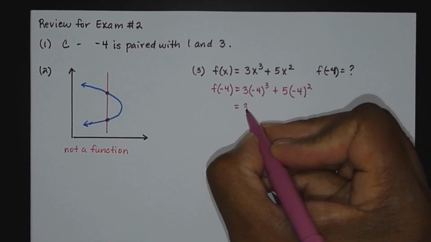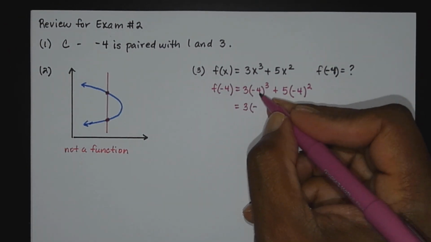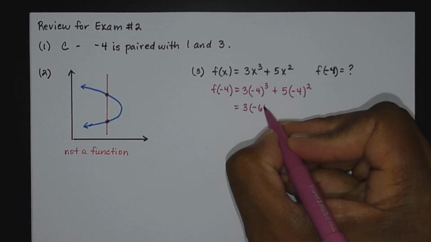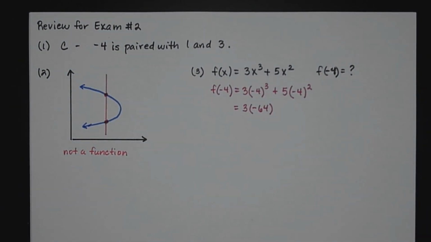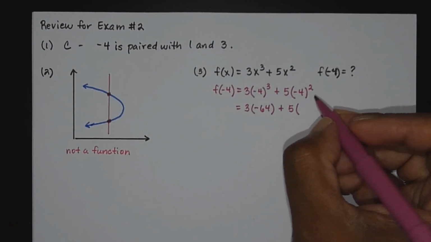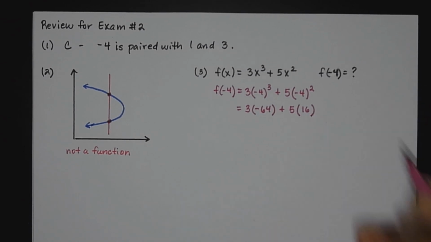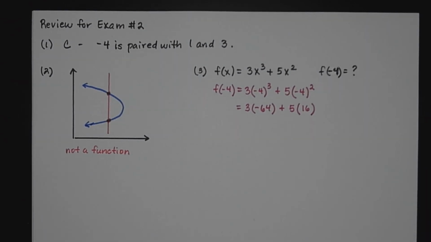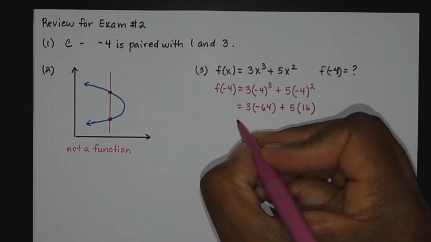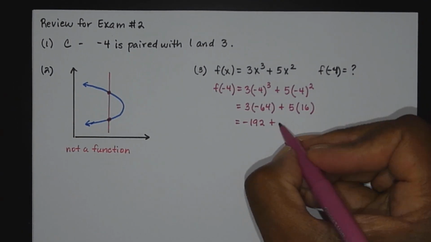I'm going to bring down the 3, but when I cube a negative, that's going to be a negative. So -4 cubed is -64. And then plus 5 times, if I square a negative, that's going to be positive, so -4 squared is -4 times -4, or 16. What's 3 times -64? -192. Plus what's 5 times 16?